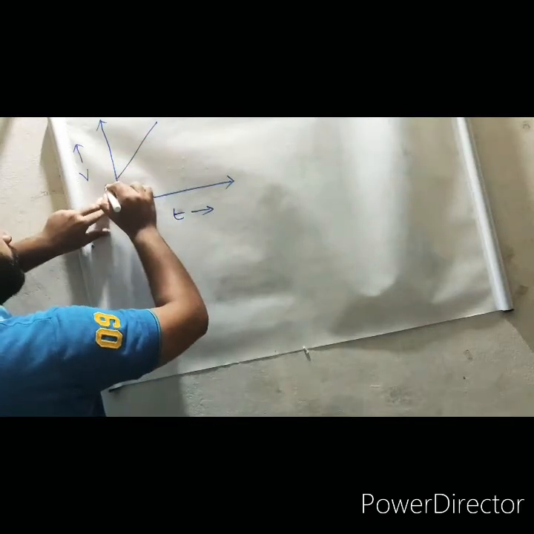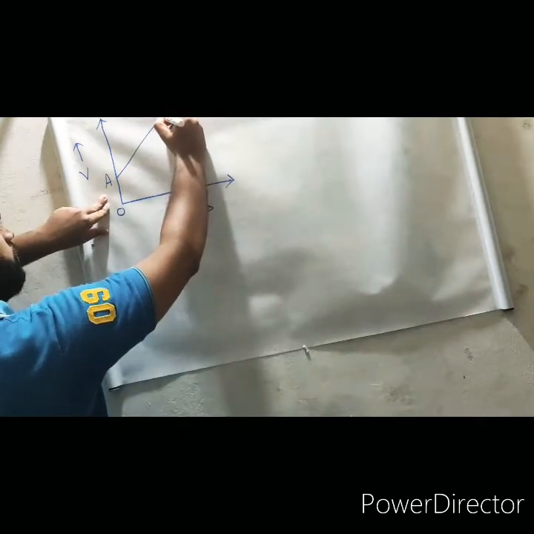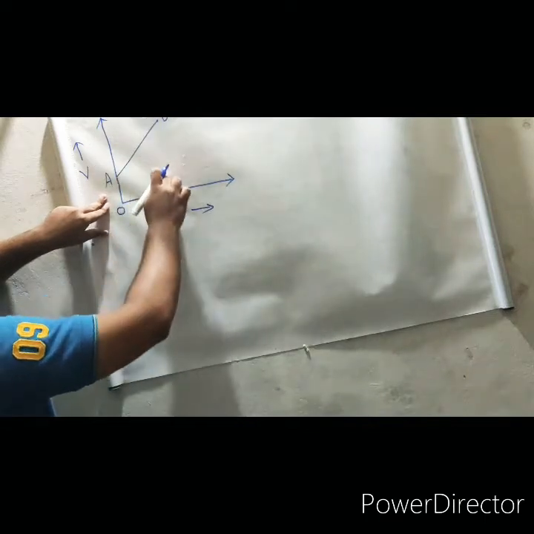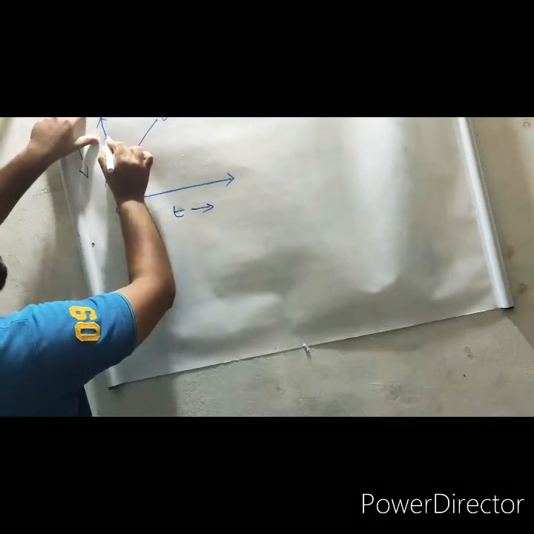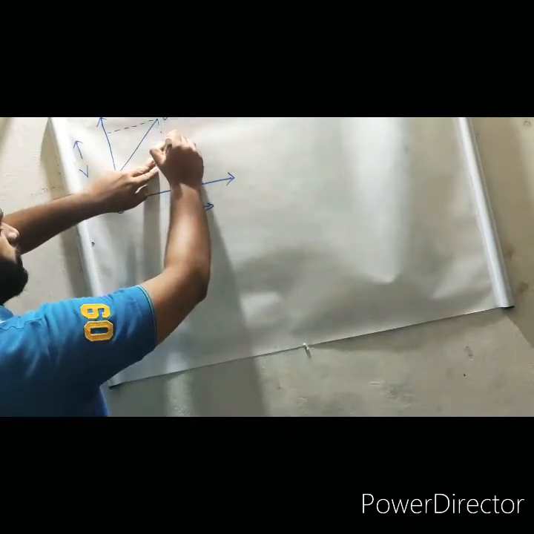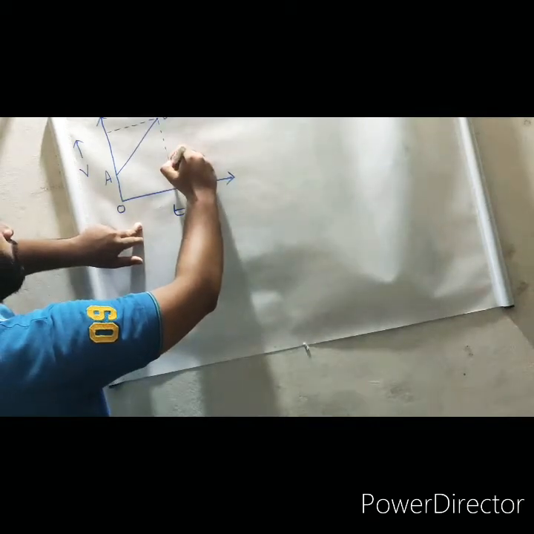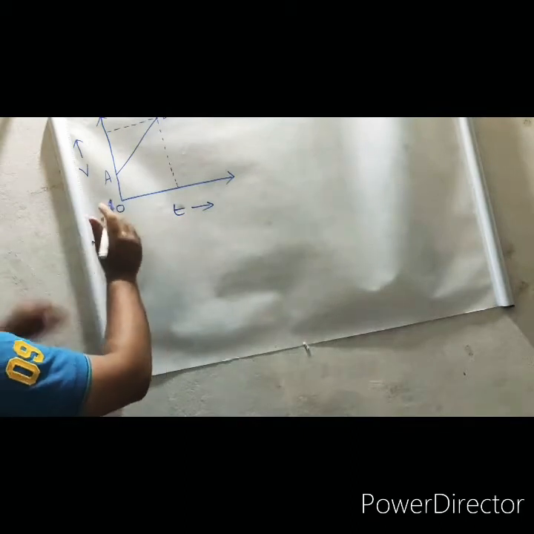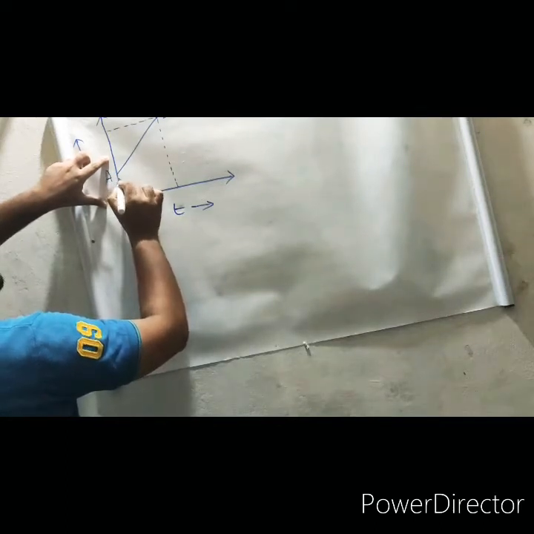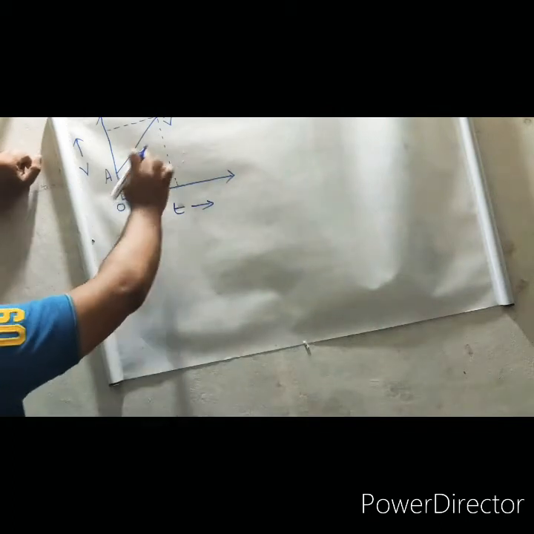We can take this point as A, and this point as B. From B we can draw two perpendicular lines, one downwards and one to the y-axis. Here is the initial velocity u, and here is the final velocity v.